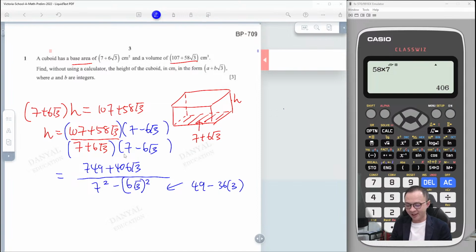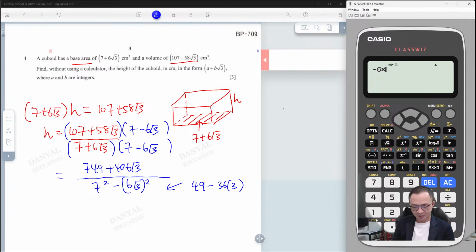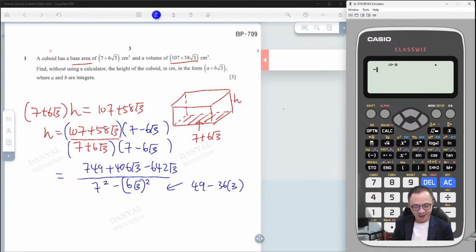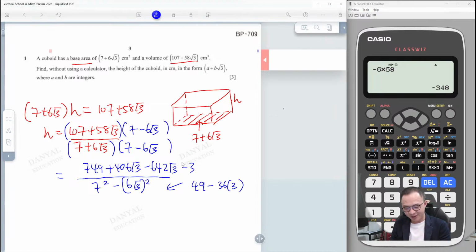Okay, then negative 6 multiply 107, we get minus 642 root 3. Then negative 6 multiply 58, we get negative 348. And then root 3 multiply root 3, we get a 3 here.